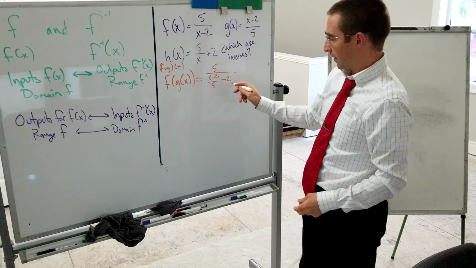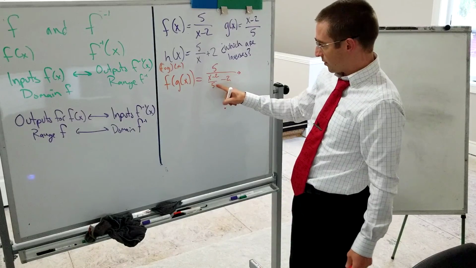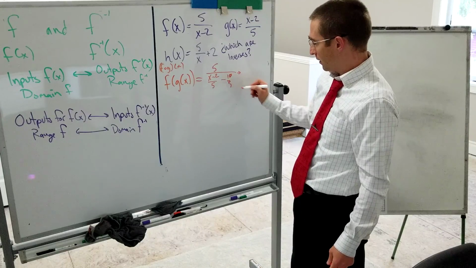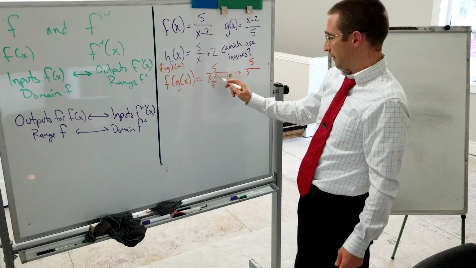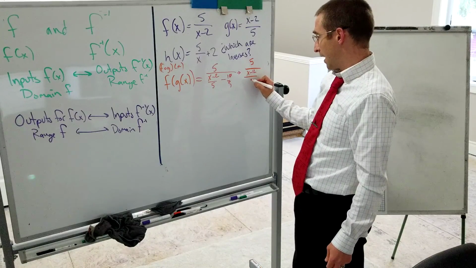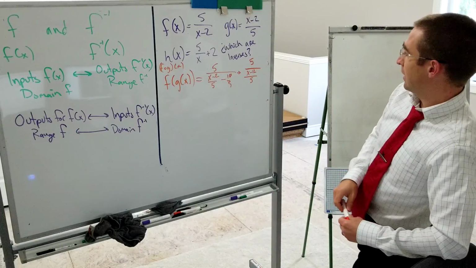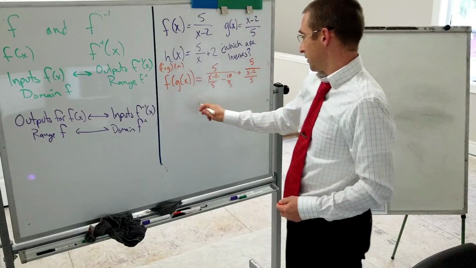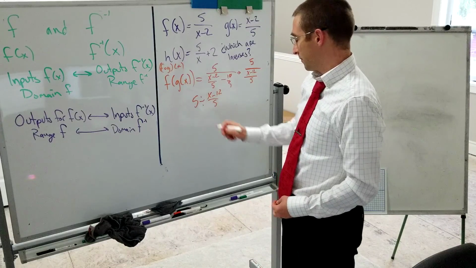All right, now I've got to simplify, right? This is over 5, so I've got to multiply this by 5 over 5 to make it 10 over 5. Now I'm going to go 5 over x minus 12 over 5. And then this is 5 divided by x minus 12 over 5.